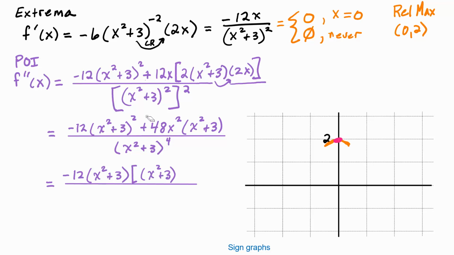Then this plus sign, because we pulled out a negative, is going to have to be a minus sign, so that when we take a negative times a negative, it turns into that positive, and we have 4x squared. And we have x squared plus 3 to the 4th power.